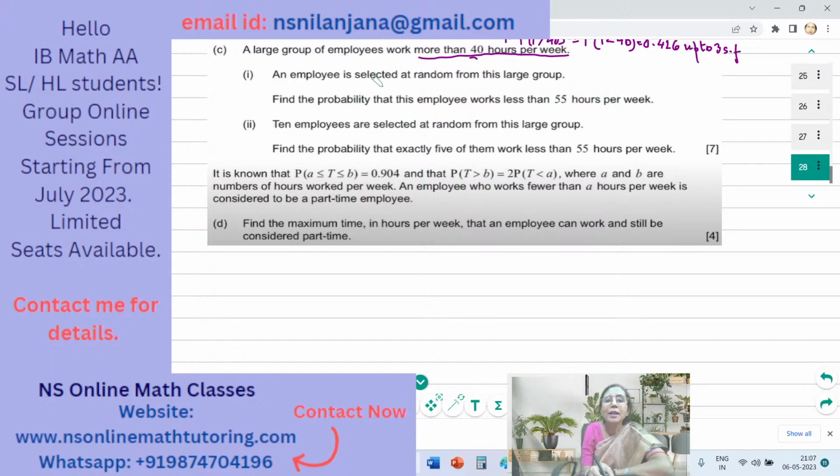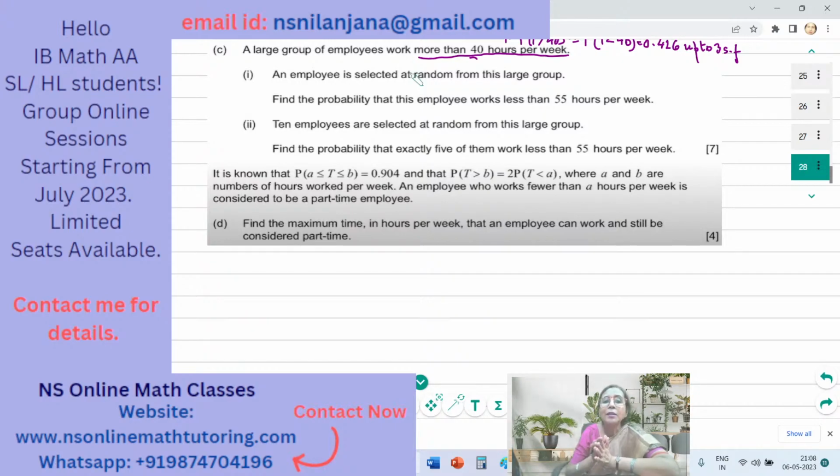Now, this is a case of a conditional probability because you are taking a group of employees, all of them working for more than 40 hours per week. So, given that whoever you are selecting is working for more than 40 hours per week, this is the given condition. So it is a case of a conditional probability.